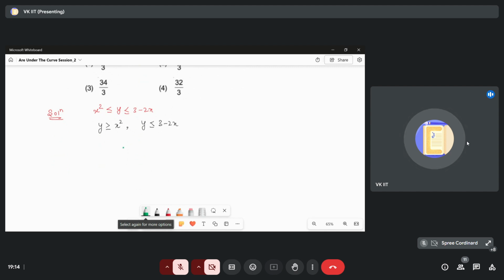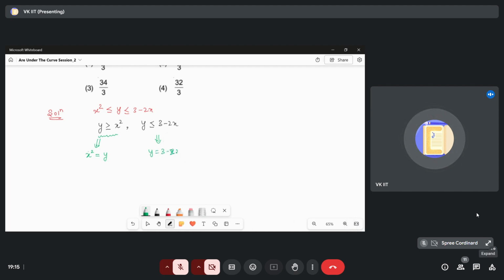Okay, so let's go for the solution now. First of all, we have to draw the diagram, right? For the sake of drawing the graph, we are considering that x square is equal to y. Similarly here also we are considering y is equal to 3 minus 2x.